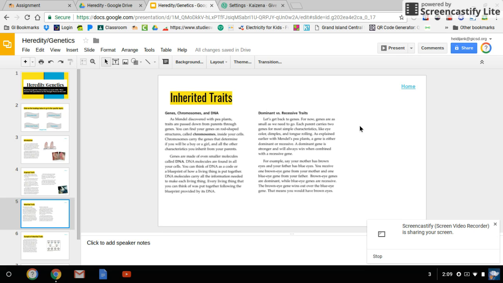A dominant gene is stronger and will always win when combined with a recessive gene. For example, say your mother has brown eyes and your father has blue eyes. You receive one brown eye gene from your mother and one blue eye gene from your father. Brown eye genes are dominant, while blue eye genes are recessive. The brown eye gene wins out over the blue eye gene. That means you would have brown eyes.